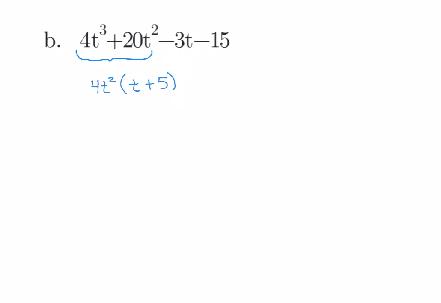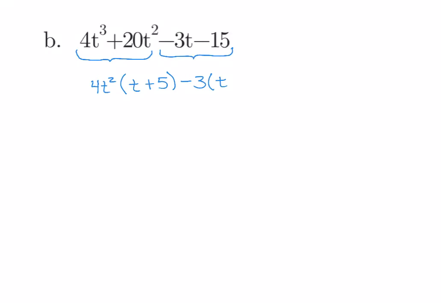All right, second set, this is where we have to bring in that idea of factoring out a negative. So here I want to factor out a minus 3. All right, first term, if I divide by negative 3, I am just left with t.